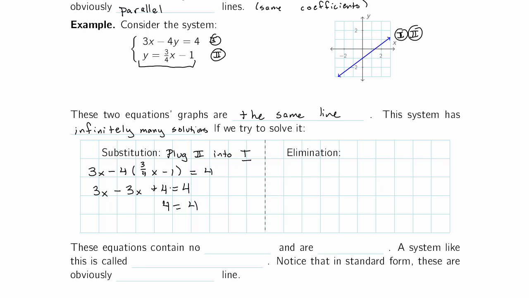Let's see what happens in elimination. Again, for elimination, we're going to need to put our equation 2 in standard form first. So I'll subtract 3/4 x on both sides. And then I want to get the coefficient of x to be a positive integer. So I'll multiply both sides by -4.